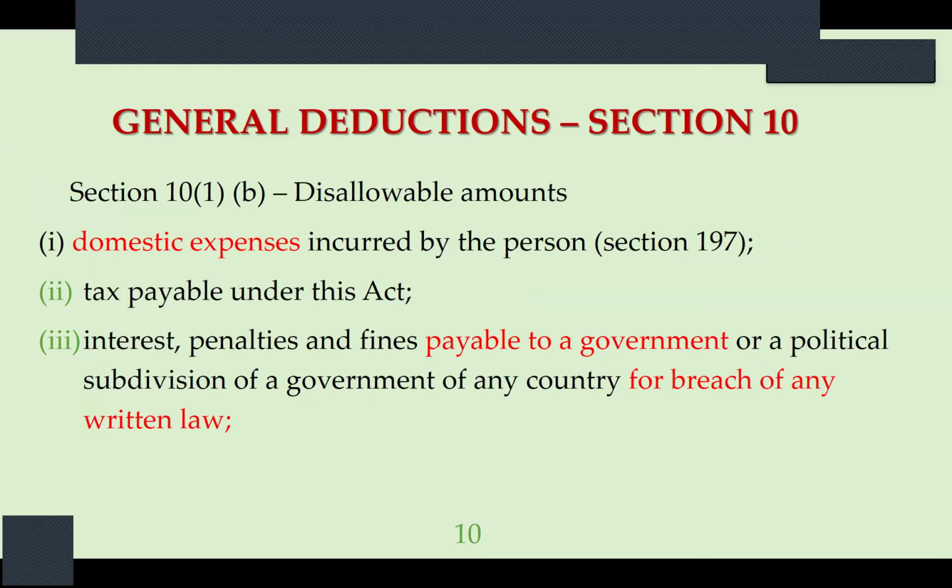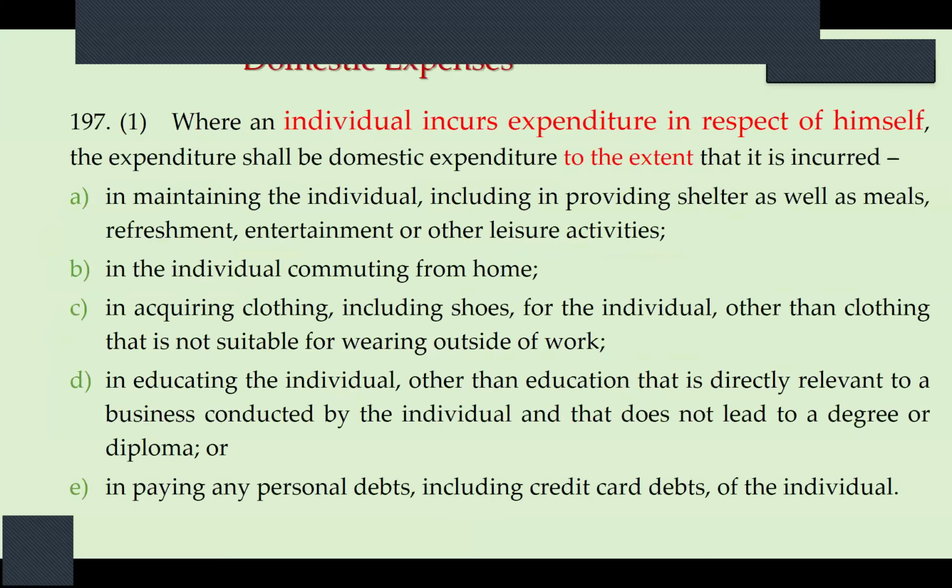We can say it like this. First one is domestic expenses. Domestic expenses are not allowable as a deduction. For the term domestic expenditure, we have a specific definition under section 197, not under section 195. If you can refer to section 197 now, you can see what the domestic expenditure is.